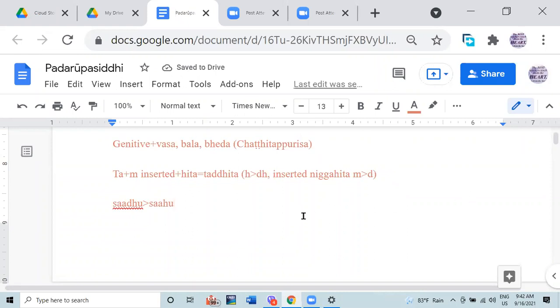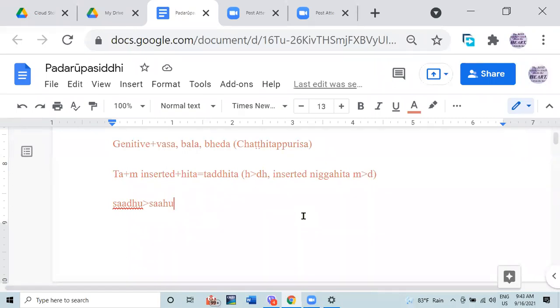So the fourth letters in the consonant groups are interchangeable with ha, and ha also can change back to these fourth letters, like sadhu, sahu.